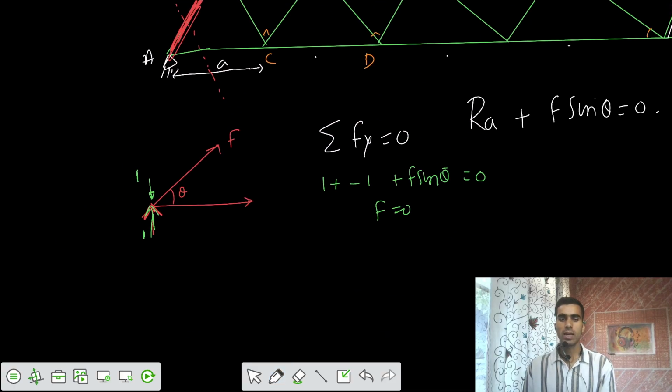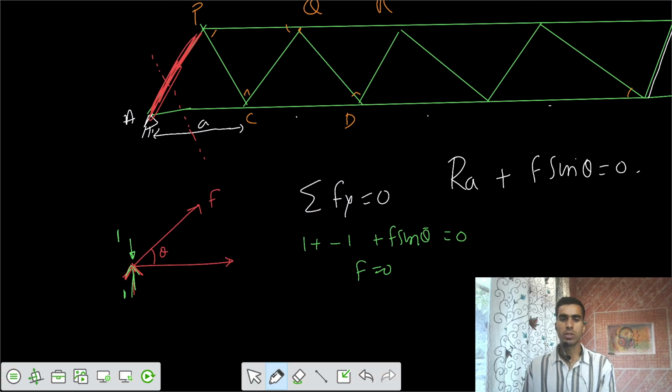Then the second case is that the load is placed at C. What is the reaction we have? The reaction is 4 by 5.